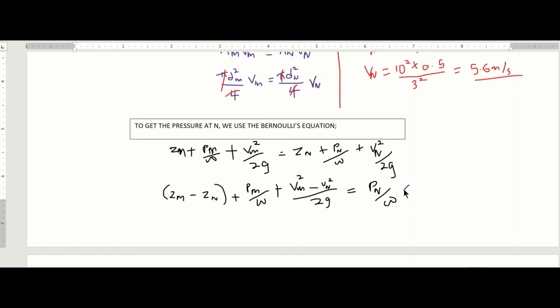So I'll multiply this side by the specific weights, and I'll multiply everything right here by the specific weights.